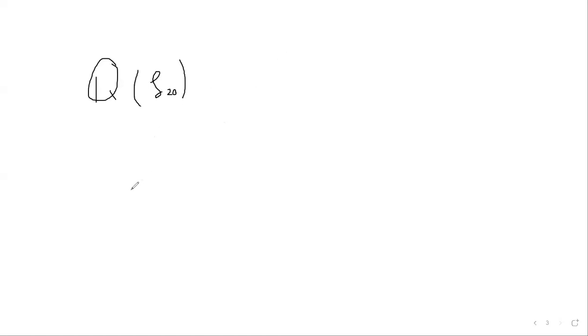Yeah, we have it in the lecture. x^8 minus x^6 plus x^4 minus x^2 plus 1. And what is the discriminant of this? Let's see, I guess we can just look it up.